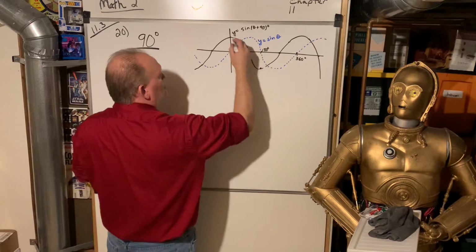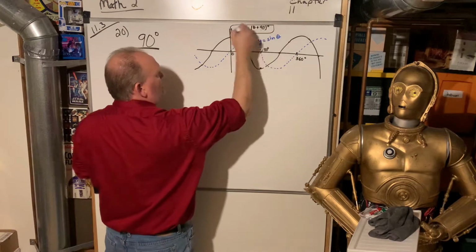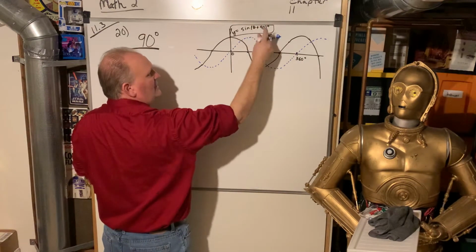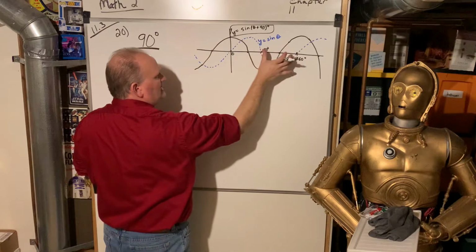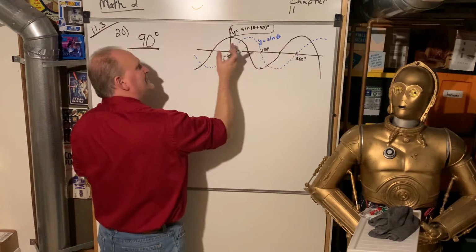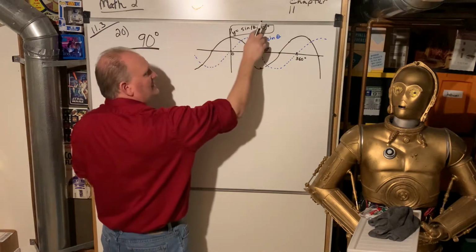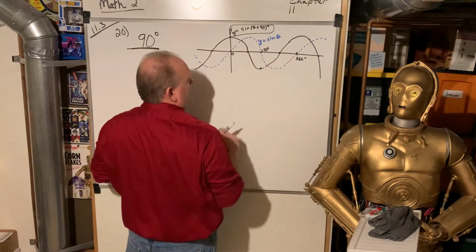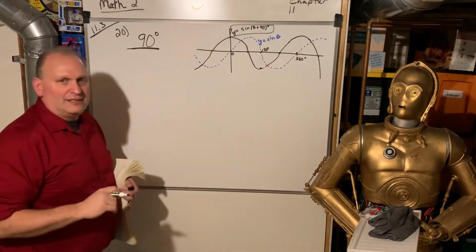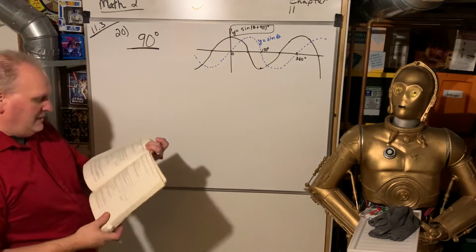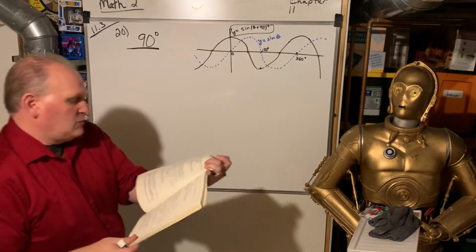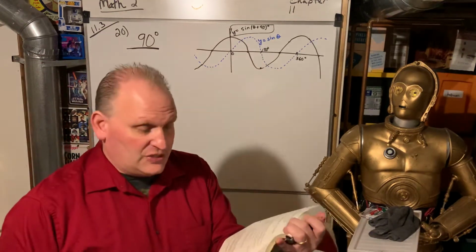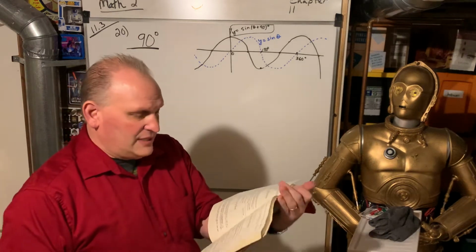I want you used to understanding that when there's a plus 90 inside here, it moves the normal sinusoid, the sine wave, to the left 90 degrees. If that's a minus, it moves it to the right, however many degrees. Okay? So it is 90 degrees, but they said, just what's the phase difference between those two? So you could say 90 degrees to the right.